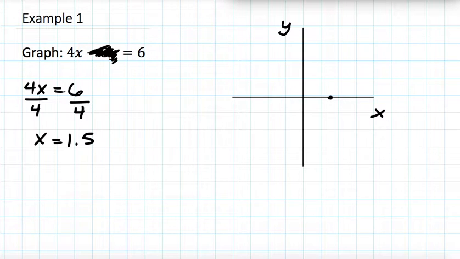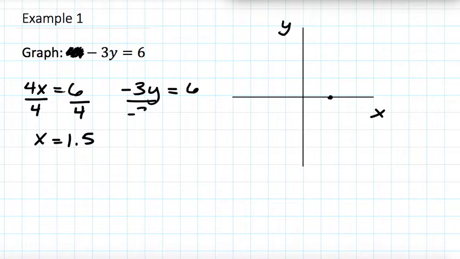Now I'm going to get my eraser here so that I can erase my covering up so I can see what was under there, and repeat the process covering up the x. Now, if there's a negative sign attached to one of these numbers, the negative sign needs to stay with it. So I need to keep this negative sign on the 3. So my remaining equation is negative 3y equals 6. I'm going to divide both sides by negative 3, and that gives me y equals negative 2.